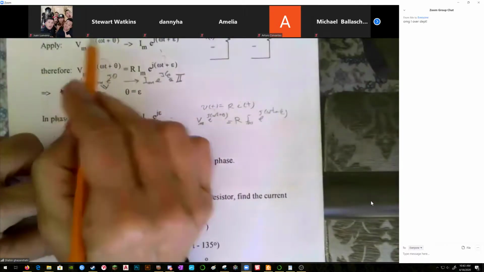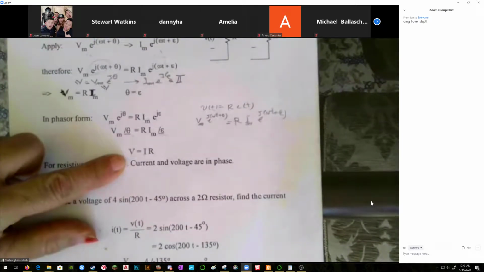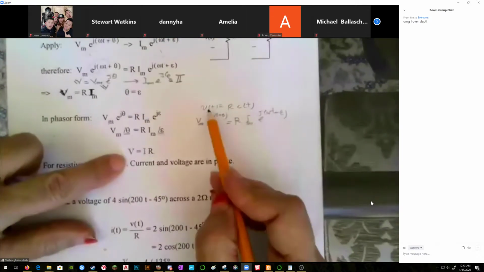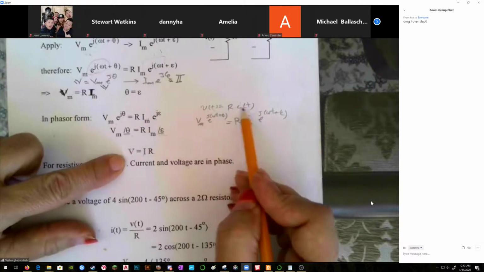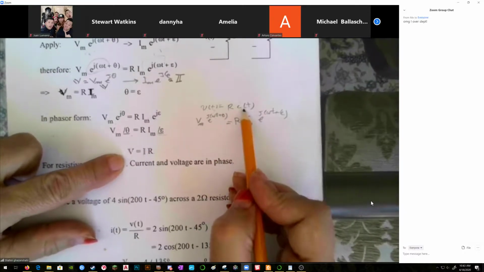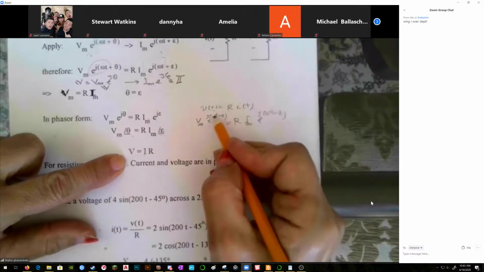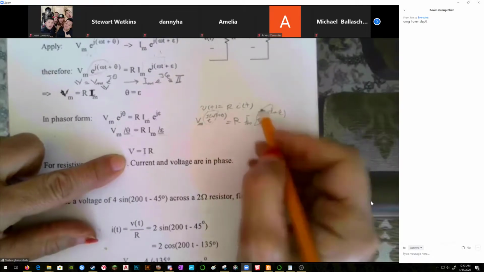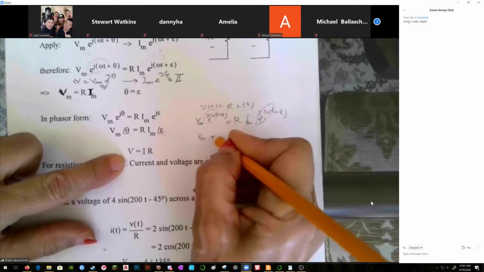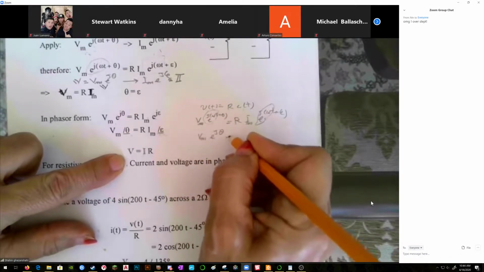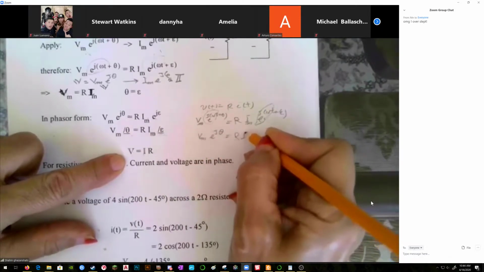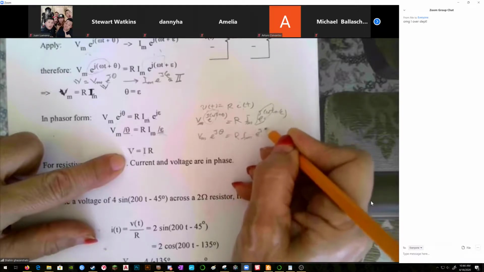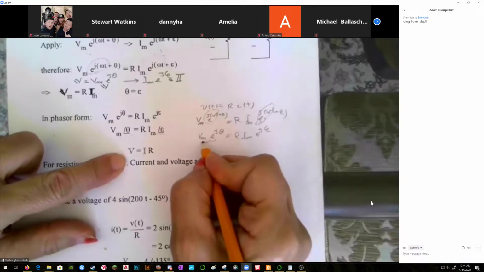If this is a source, this is a current in general for a resistor. Voltage across resistors is R times I. So what you did here, you cancel exponential of j omega t. So what you got is Vm exponential of j theta is R Im exponential of j phi. What is this one?